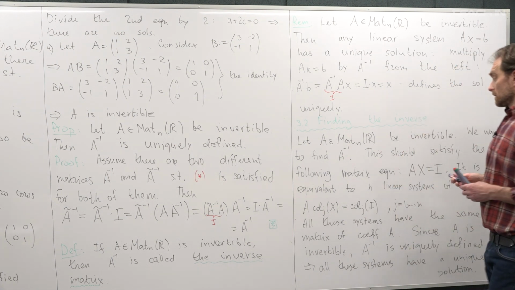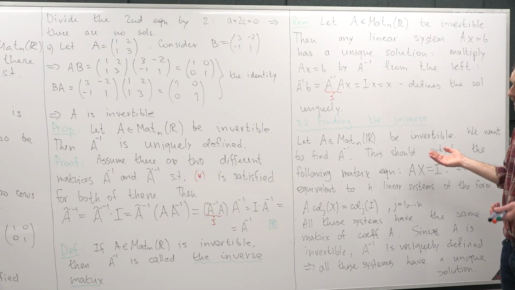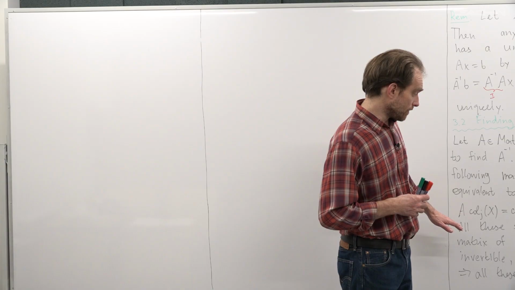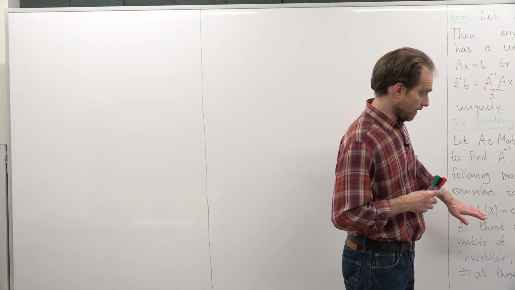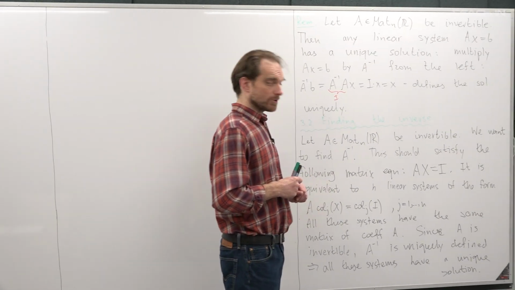So this would be important for finding the method of obtaining the inverse. So we know that all these systems have a unique solution, and all of them have the same matrix of coefficients.